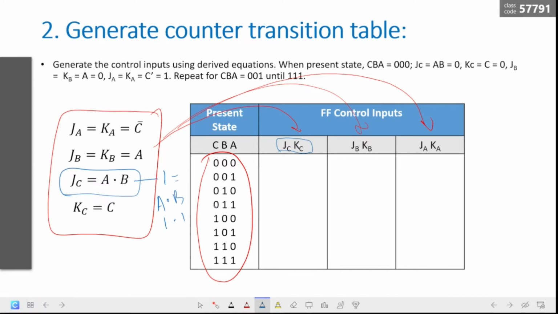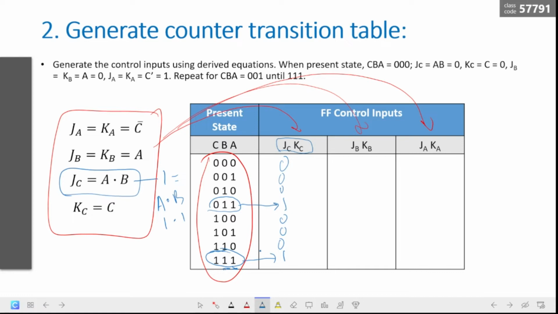So look at the present state columns here and find where A and B are 1. Here A is 1, B is 1, and also here A is 1, B is 1. So here JC will be 1, and the rest are 0, because JC is A dot B.